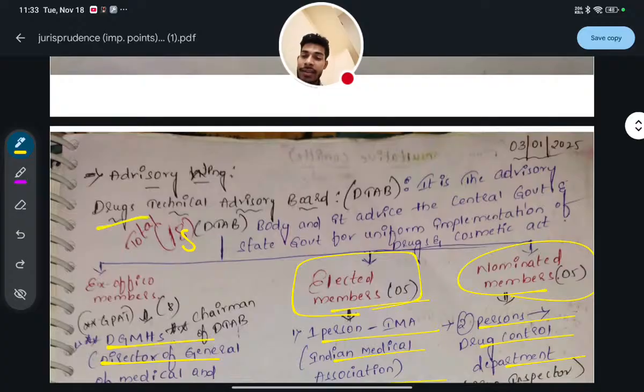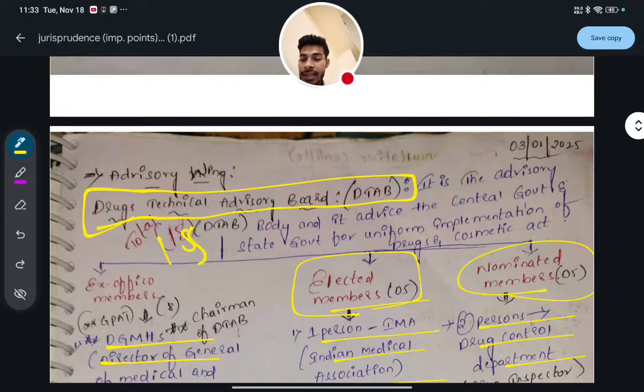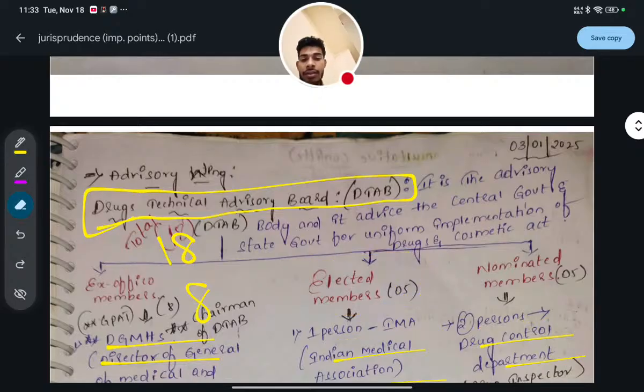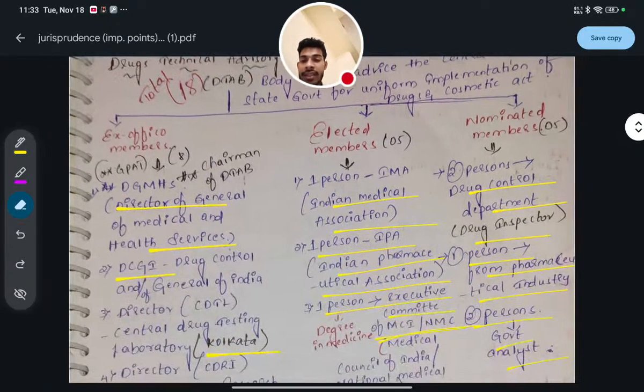The Drug Technical Advisory Board, DTAB, contains 18 members: 8 are ex officio members, 5 are elected members, and 5 are nominated members. So you have to remember that.